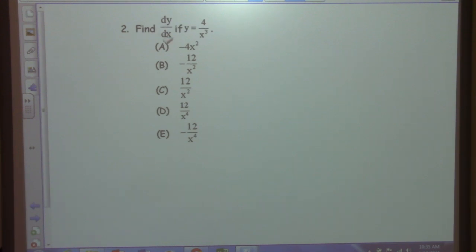Okay, let's go to the next one right here. Find dy/dx if y equals 4 over x cubed. You should easily be able to eliminate stuff for this too.